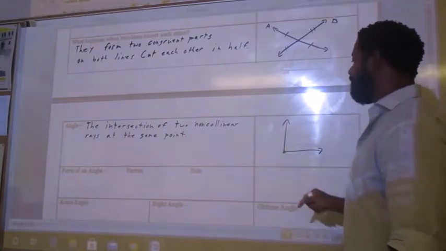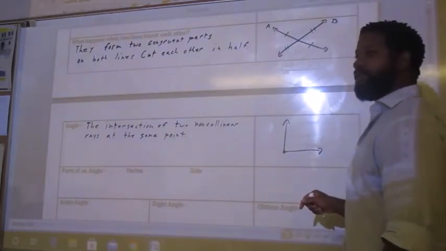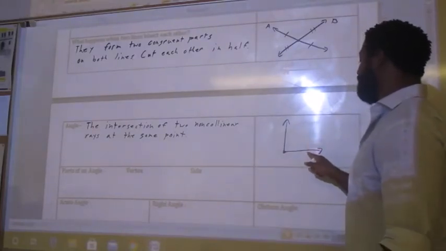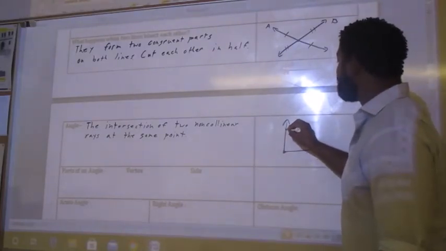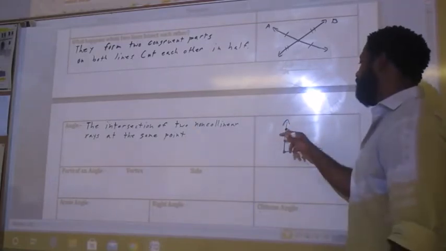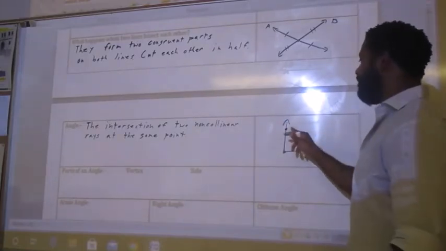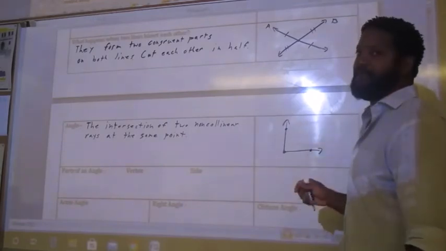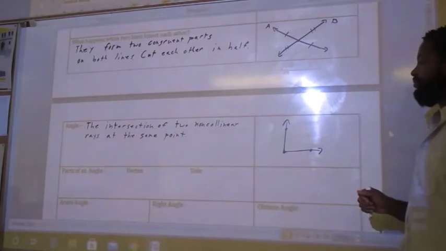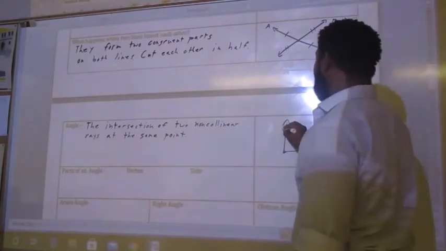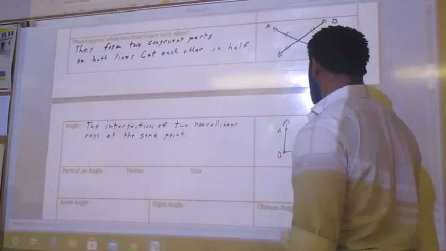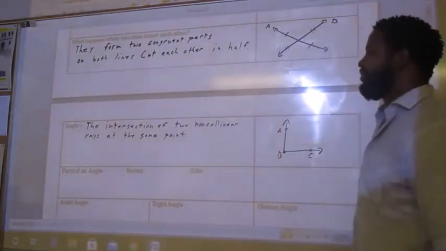This might be your only point. This point up here has nothing to do with this point down here. Therefore, both of these points right here are non-collinear. They're not on the same line. Okay? You might have A, B, and C. All right?